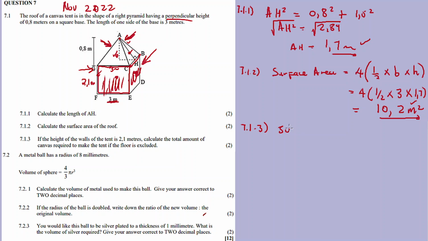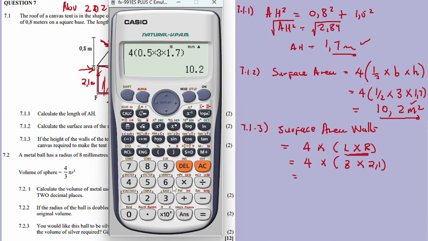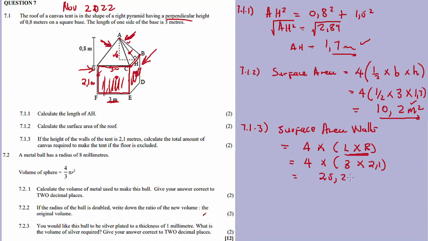So the surface area of our walls is equal to 4 times length times breadth, the formula for the area of a rectangle. 4 times 3 times 2.1 is 25.2 meters squared.